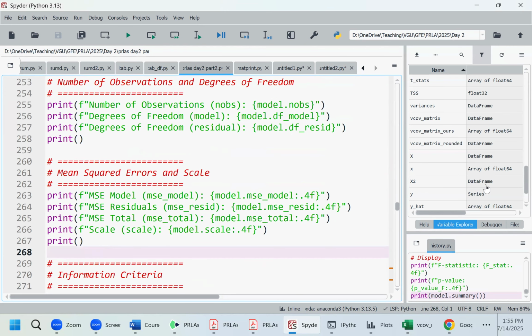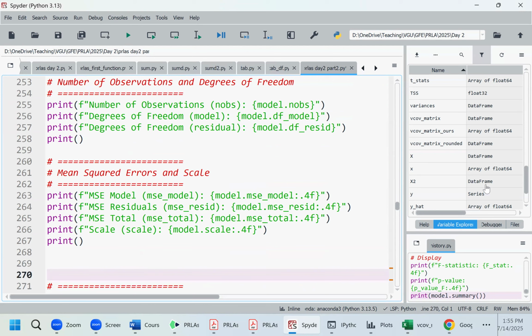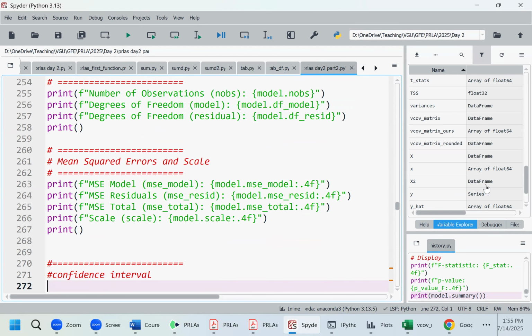Now I put one more term here. That is to say, let's imitate the whole practice, right? So let's say here the confidence interval. Now, how to compute the confidence interval?